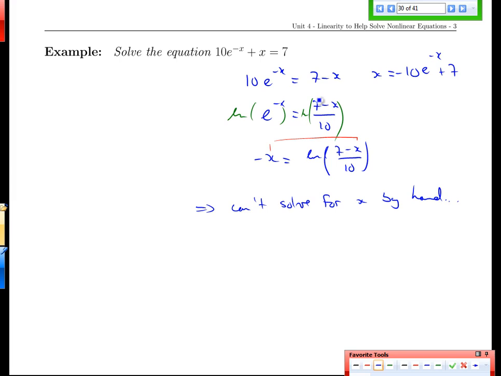There's no amount of manipulations with lns and exponentials that will let us solve for x equals. Can't be done. And yet, we should be able to find a solution. There is a solution to this. If I plug in some numeric x value, I can make the left and right-hand side both equal 7. We just don't have a strategy yet for how to do that.